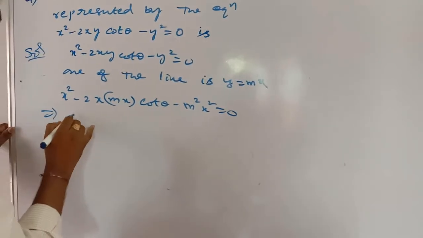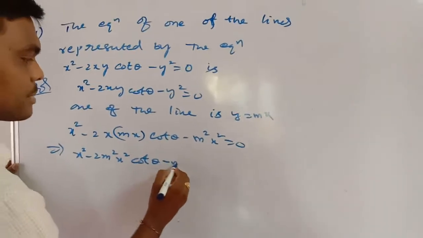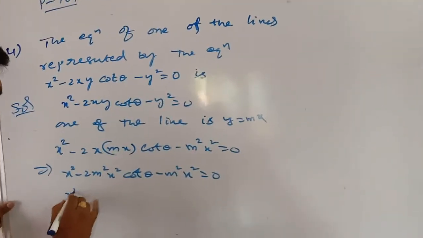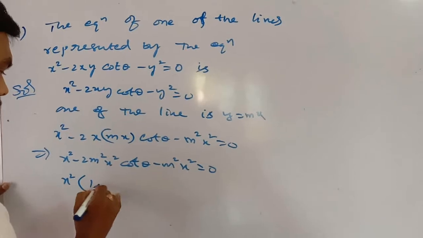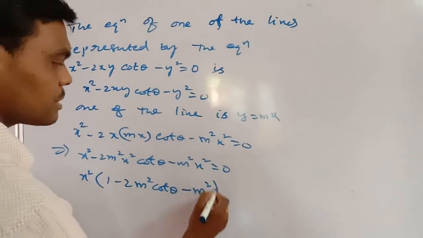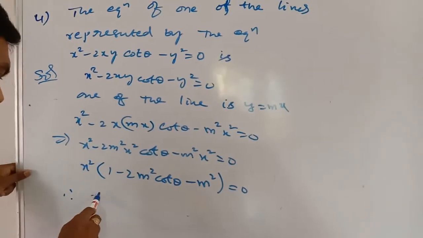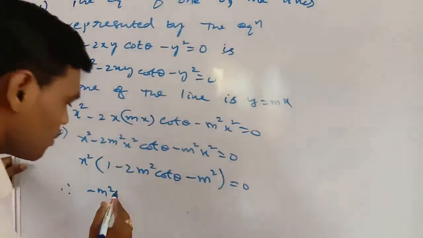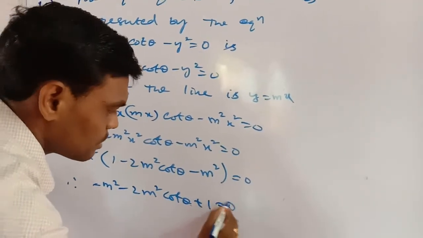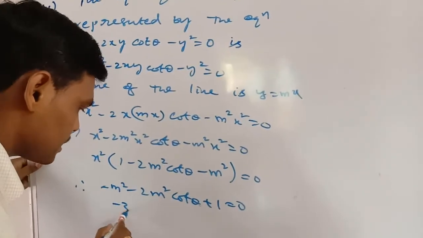That implies x square minus 2m x square cot theta minus m square x square is equal to 0. Here the x square term is common.